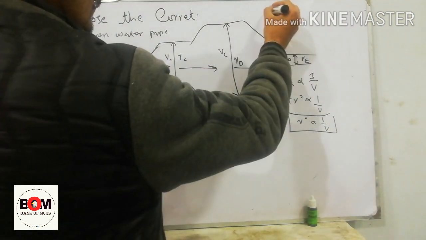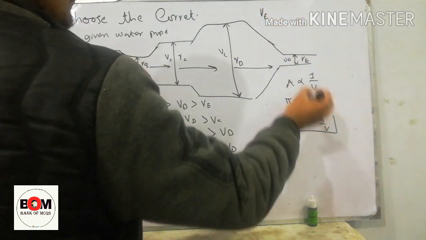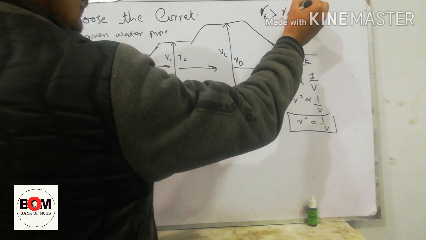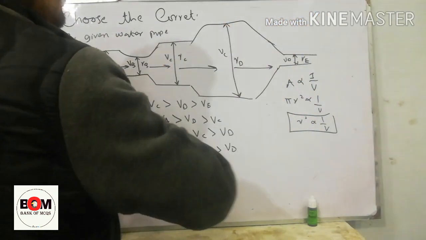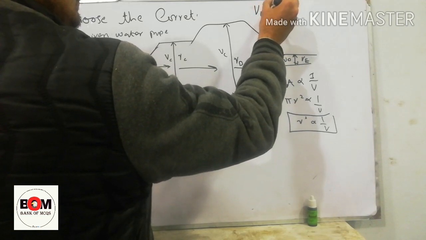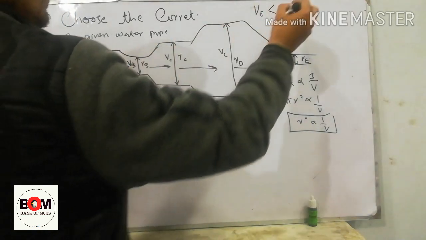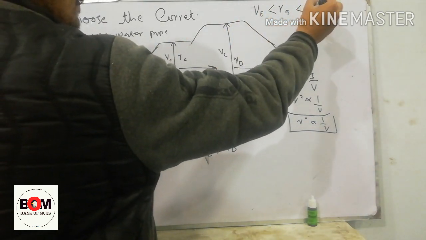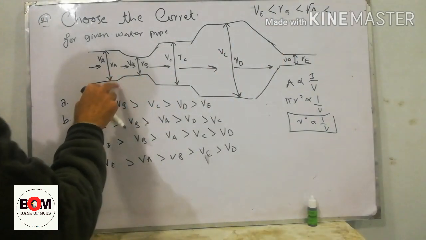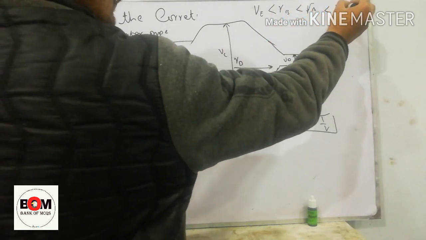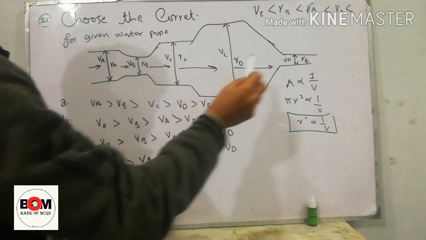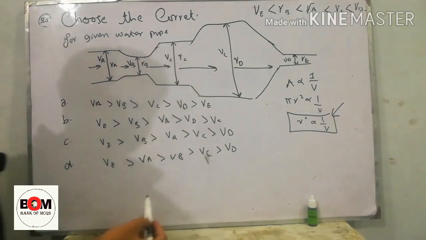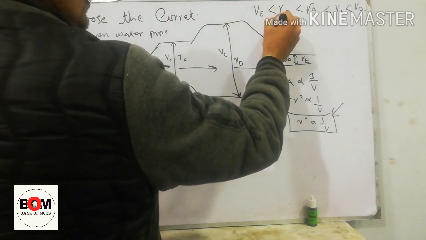We know that RE is smaller than RB, and that is smaller than RA, and further RA is smaller than RC, and RC is smaller than RD.